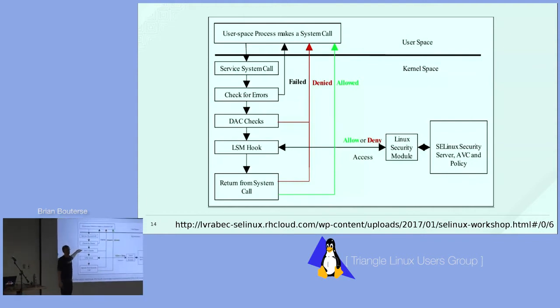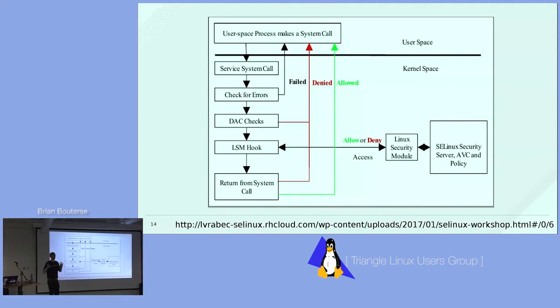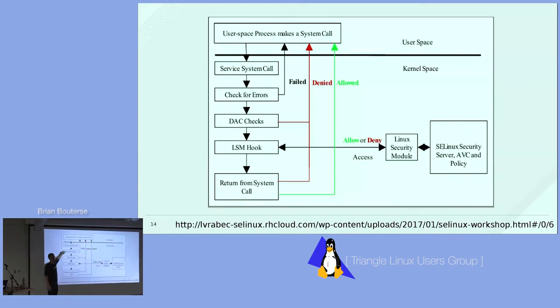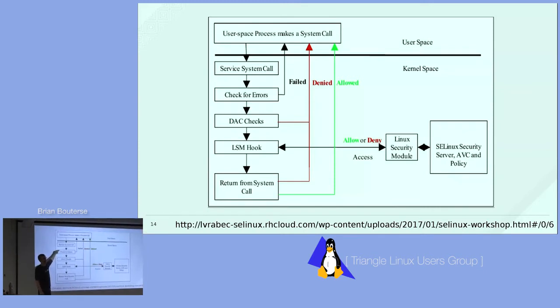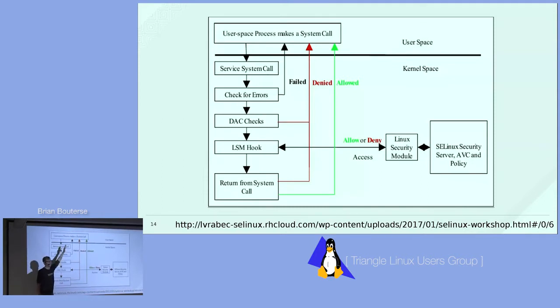And then here, these are the normal DAC checks, the discretionary access controls, basically the POSIX permissions and the user group security model. That's enforced at this level, because if you can't pass the discretionary access control, then you're just denied.